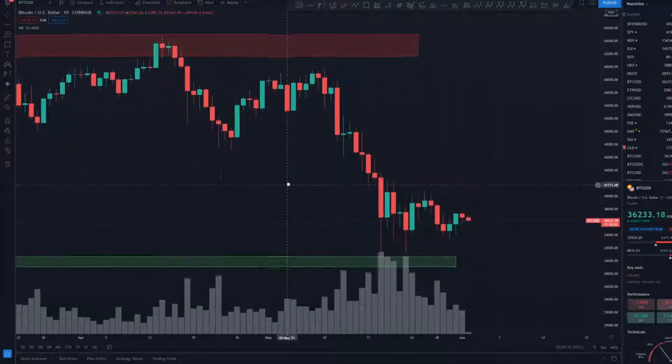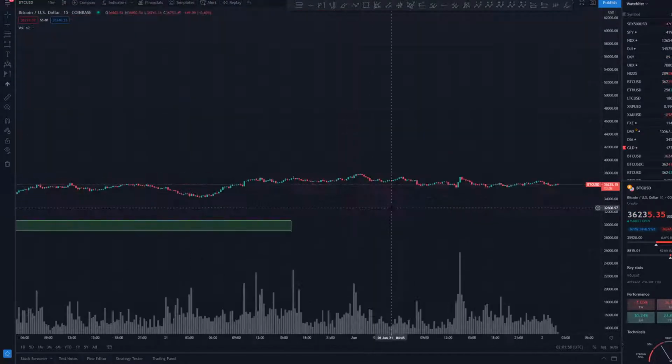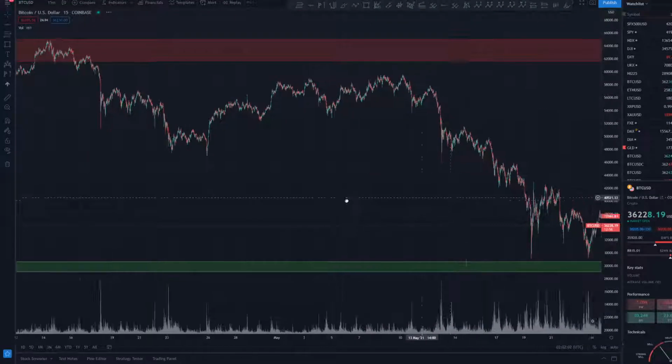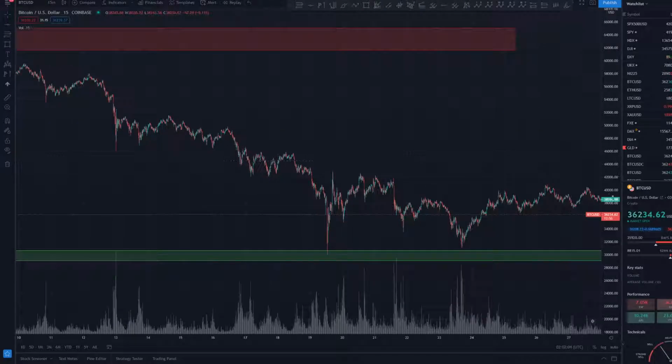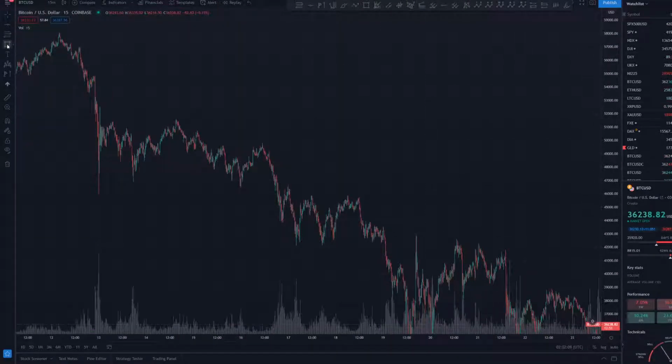If we zoom in to the 15-minute chart, let me find a good example for you guys. This is a great example. We have a support region right here.